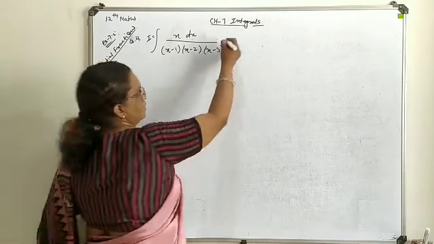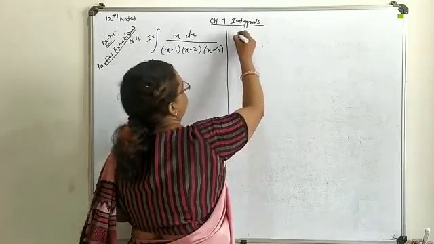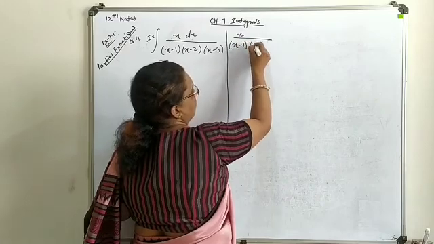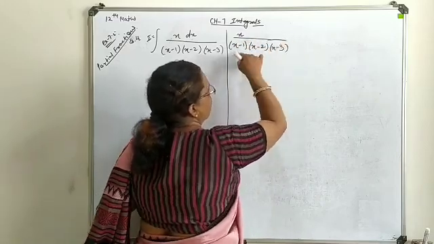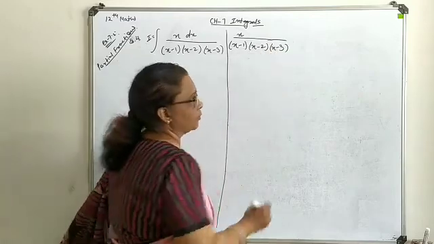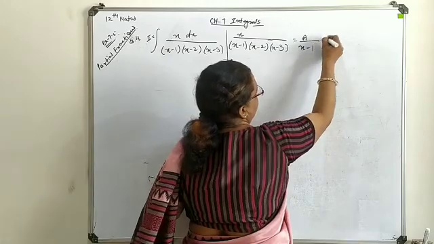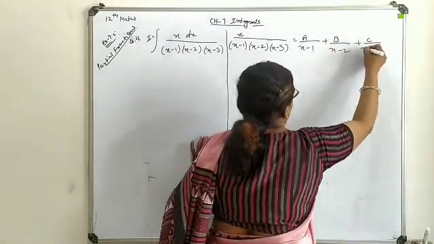So let's start with the given fraction x over (x minus 1)(x minus 2)(x minus 3). Regarding these 3 factors, 3 constants are to be introduced: A over x minus 1, B over x minus 2 and C over x minus 3.